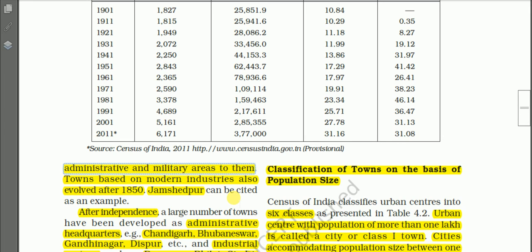During the British period, towns based on modern industries also evolved after 1850. We have Jamshedpur as an example, which evolved as an industrial town during the British period.